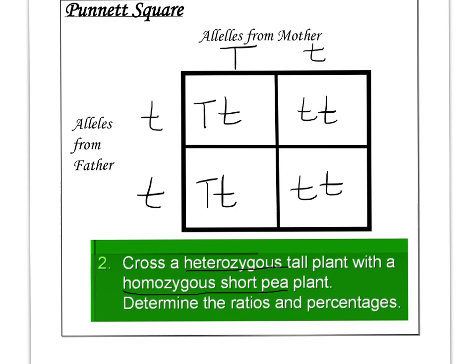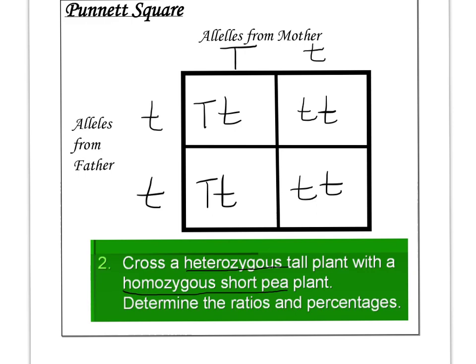So looking at our genotypes, we can see that these offspring would still be tall because they're heterozygous, but these over here, the phenotype would be short because they only have short alleles. So 50% of our offspring would be tall, and there's a 50% chance that our offspring would be short.